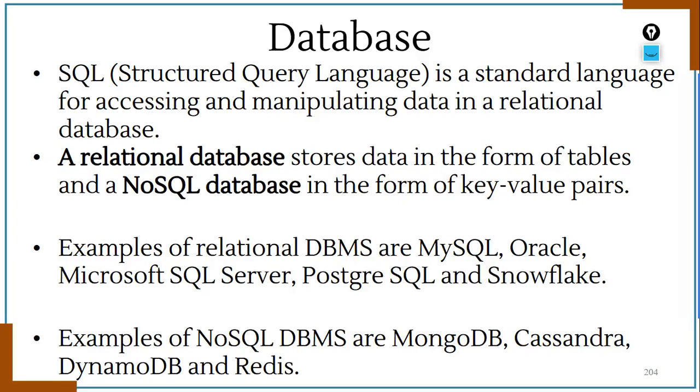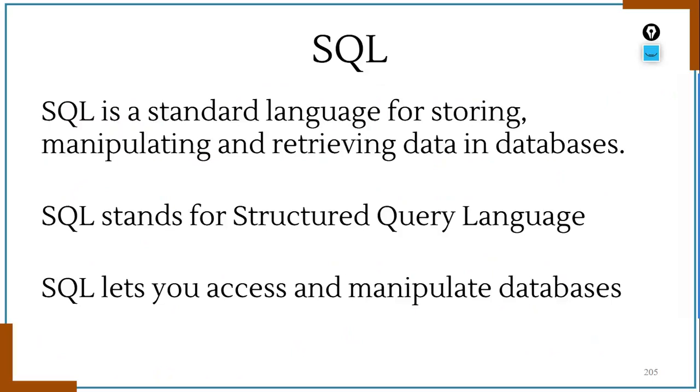Examples of relational database management systems are MySQL, Oracle, Microsoft SQL Server, PostgreSQL and Snowflake. For NoSQL, which stores data in the form of key value pairs, MongoDB, Cassandra and DynamoDB are examples of NoSQL database management systems.